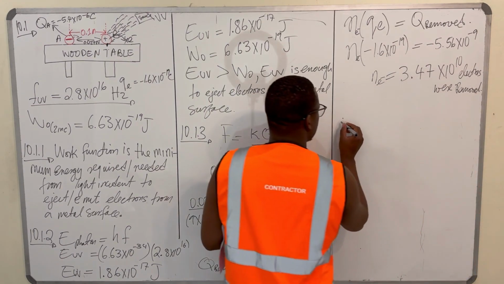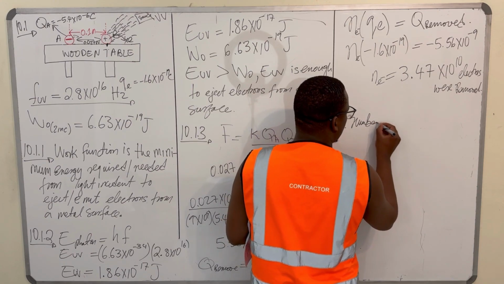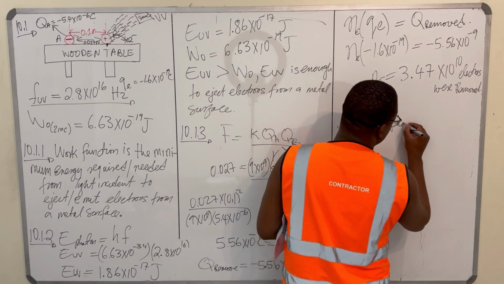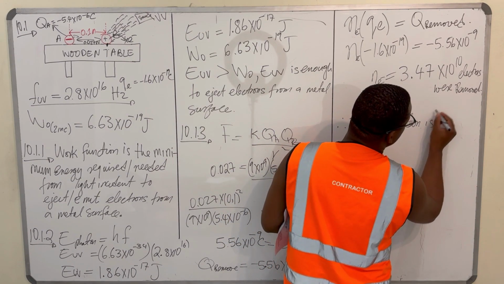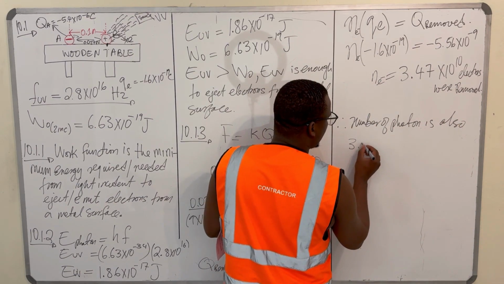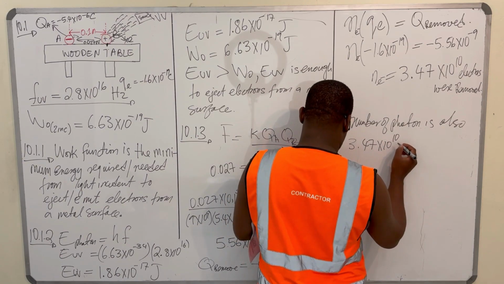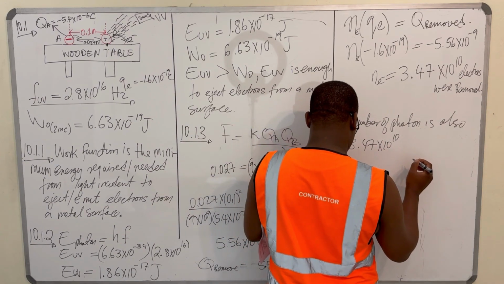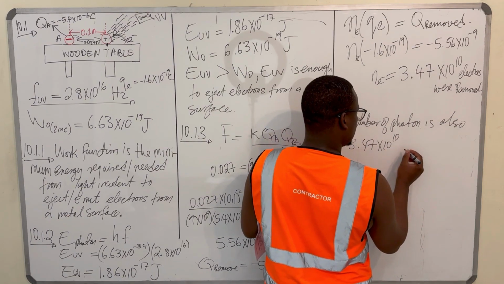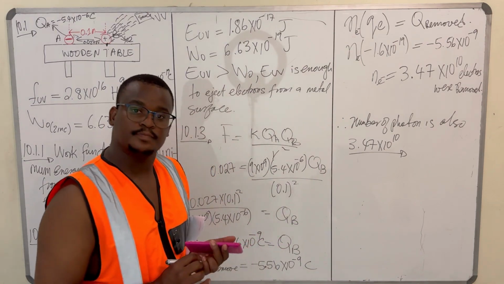So we can say therefore the number of photons is also 3.47 times 10 to the power 10.